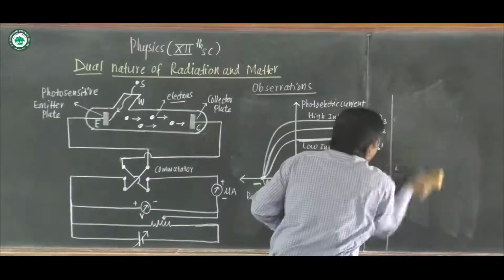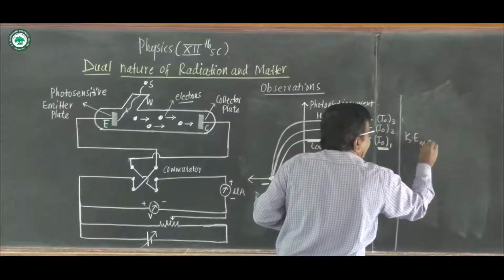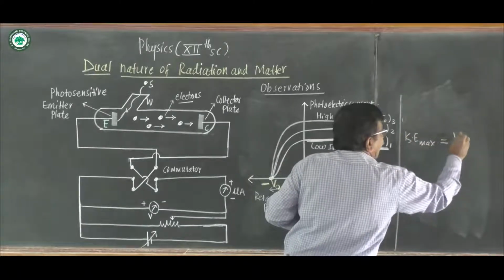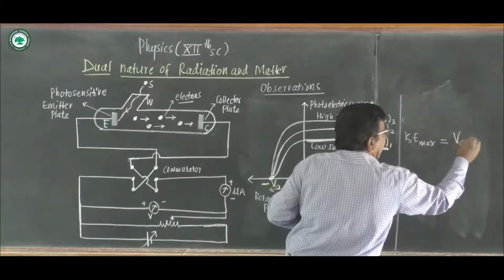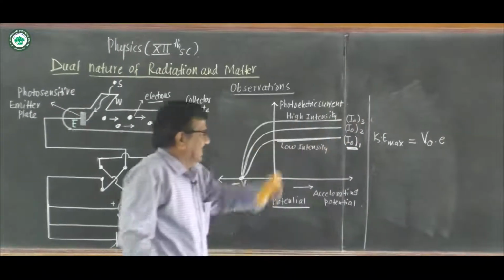Hence the maximum kinetic energy, Ke max, is equal to the stopping potential into the charge on the electron. That is the work done.